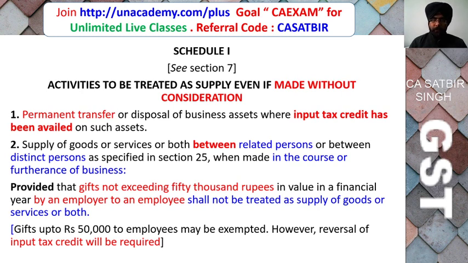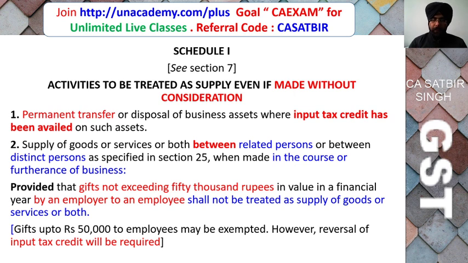Similarly, suppose a person has a branch office in Punjab and another branch office in Haryana. They are termed distinct persons for the purpose of GST. They will have two different GST numbers and will be required to pay GST, although no consideration is charged by the Punjab branch from the Haryana branch or vice versa.